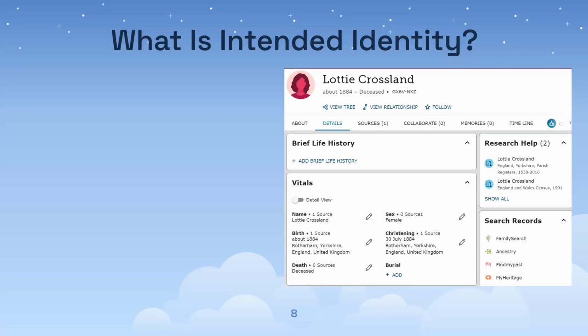Maybe it's your grandparent, maybe it's an aunt or uncle, but you know which human being it is. In a shared tree, we know which human being the profiles we create are supposed to represent, but we don't necessarily know who the profiles are supposed to represent when they're created by other people.